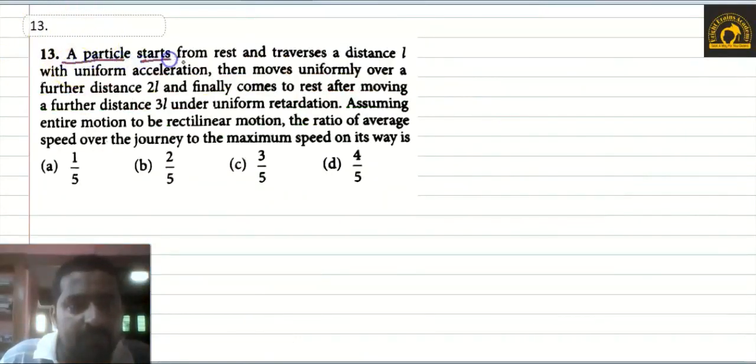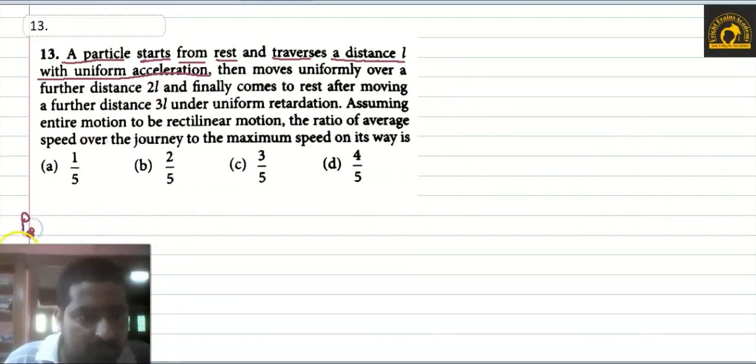A particle starts from rest and traverses a distance L with uniform acceleration. Starting from rest means u is equal to 0.